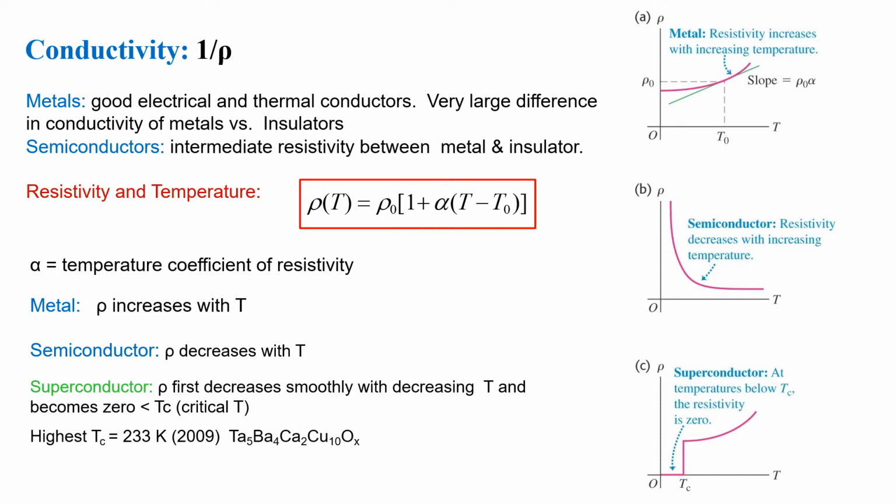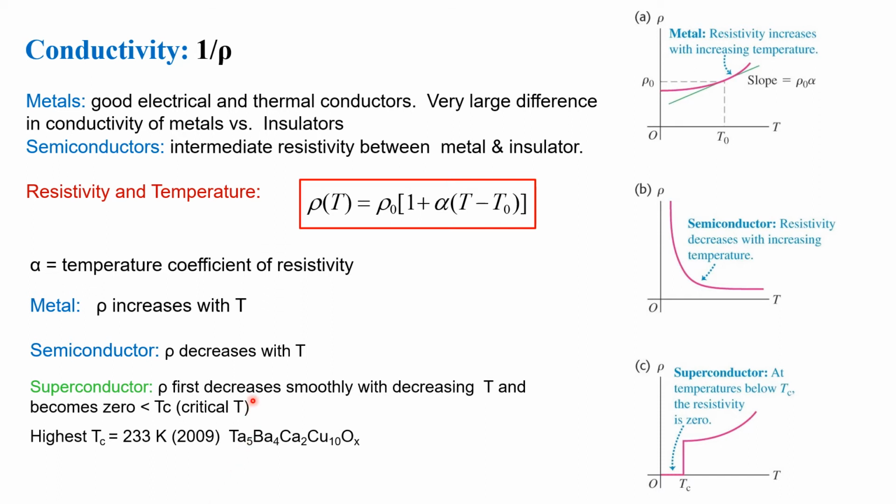Alpha is the temperature coefficient of resistivity. For metals, resistivity increases with temperature. That's why it's not good for your appliances if you are using them for a long time, and when they are already heating up, that means you are actually consuming more electricity because of the increasing resistivity with increasing temperature.